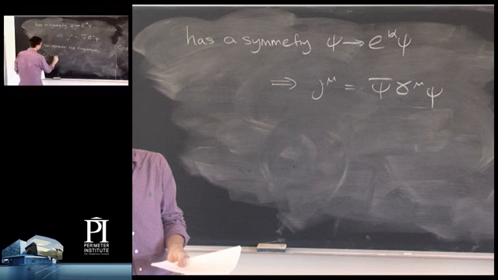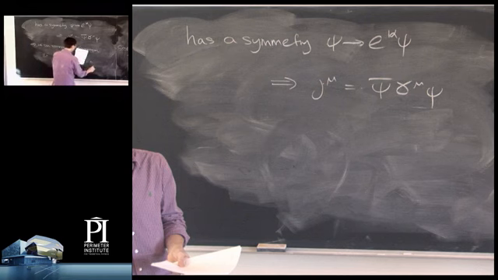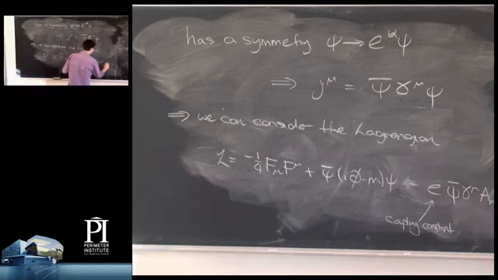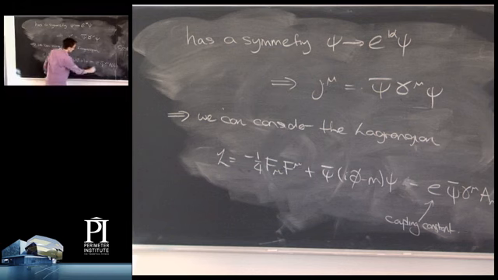So we can consider the full Lagrangian that consists of a Maxwell term plus a Dirac term together with a term which multiplies this current by the gauge field, and this e is a coupling constant. It's some number.